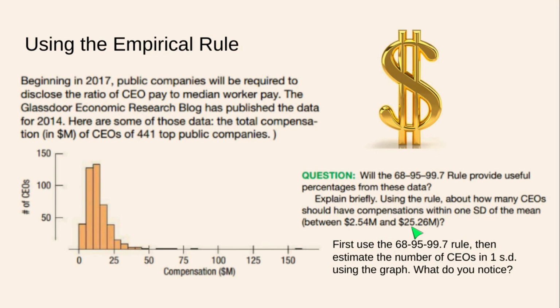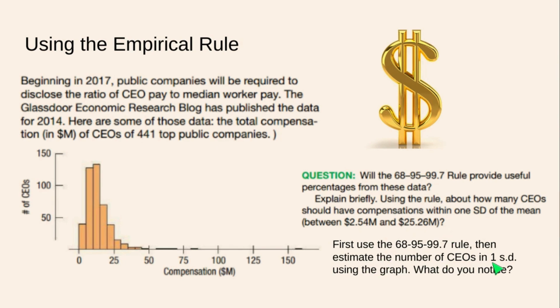That is within one standard deviation of the mean. So first we're going to use the 68, 95, 99.7 rule. Okay? What does this rule say? How many CEOs should have compensations within one standard deviation? Well, 68%. That's what the rule says. Within one standard deviation, we can expect 68% of the data. But within one standard deviation of the mean is between 2.54 and 25.26.